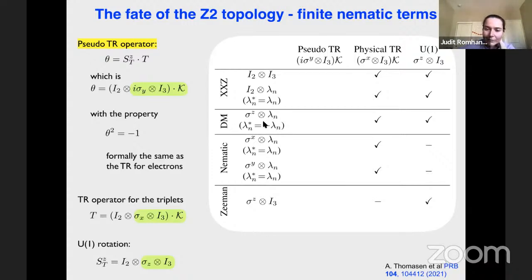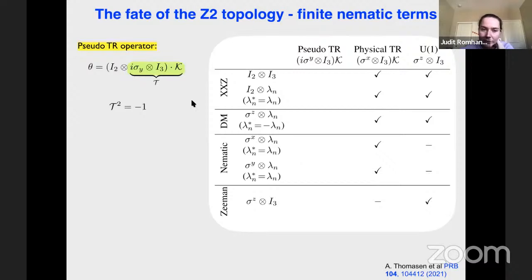In the DM we have the imaginary gamma matrices, which will change sign under this T operator, but so does the sigma z. So this will actually be invariant, and so on. One can look at all of these terms and discuss whether they change sign or not, or whether they break this physical time reversal or not.